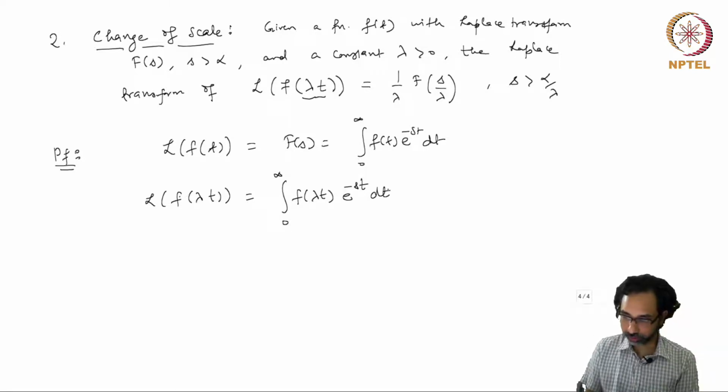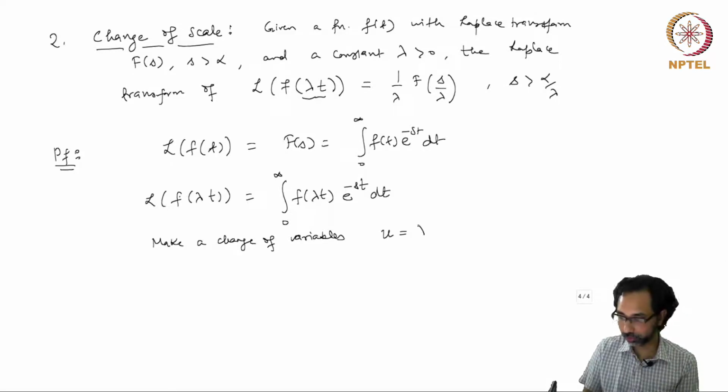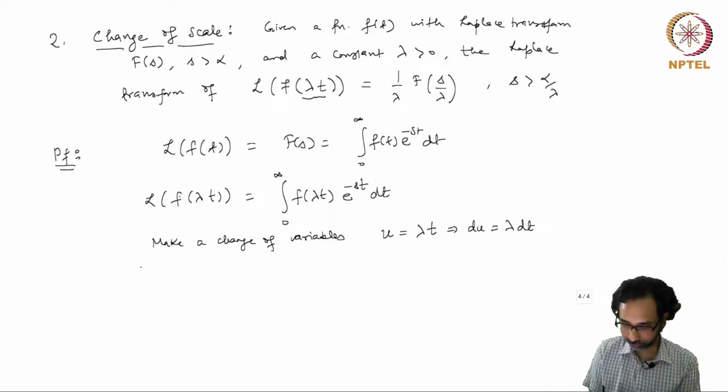So we can make a change of variables u, we put u to be lambda t. So this means that du is lambda dt, and we get this integral is now equal to.